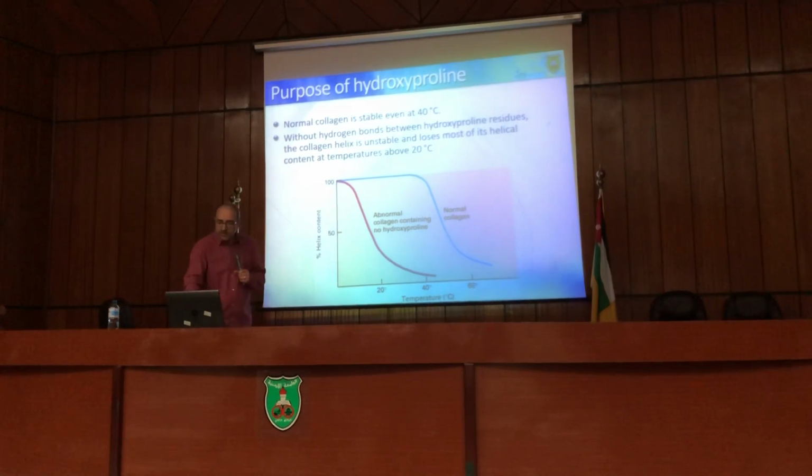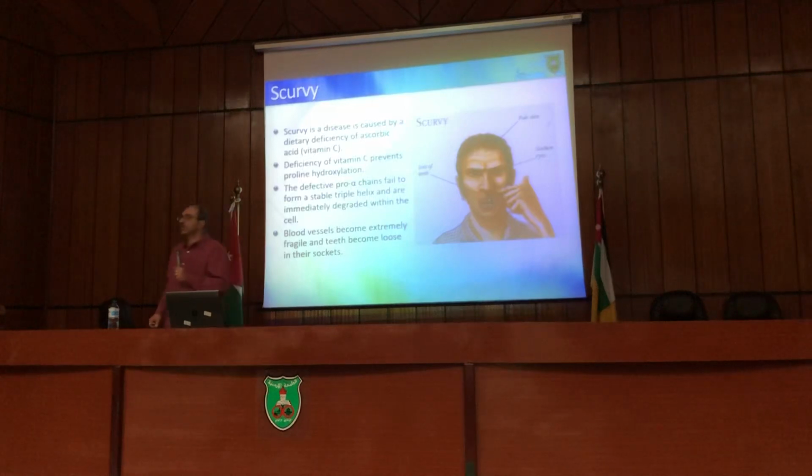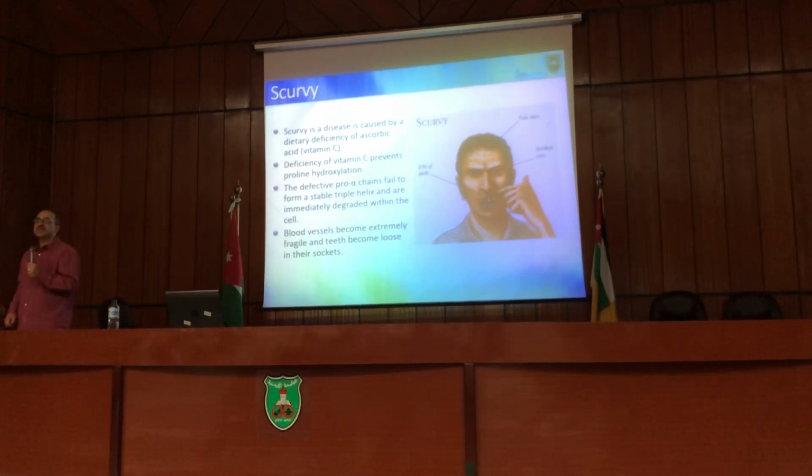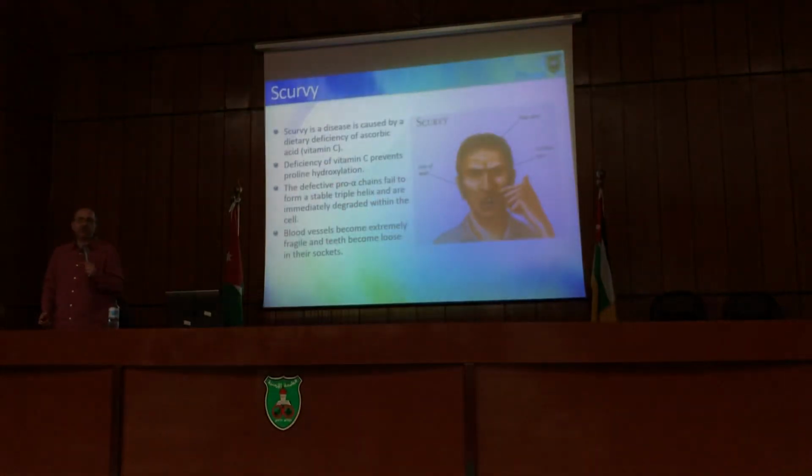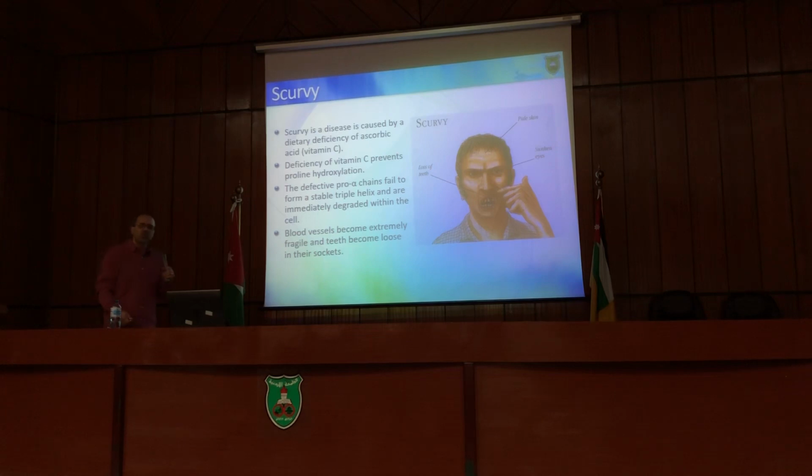Now, another illustration for the importance of hydroxylation of proline is the disease scurvy. Scurvy, also in Arabic it's known as isqarbut. It usually affected sailors in the past because they didn't eat fruits. Fruits didn't last for long. So what?